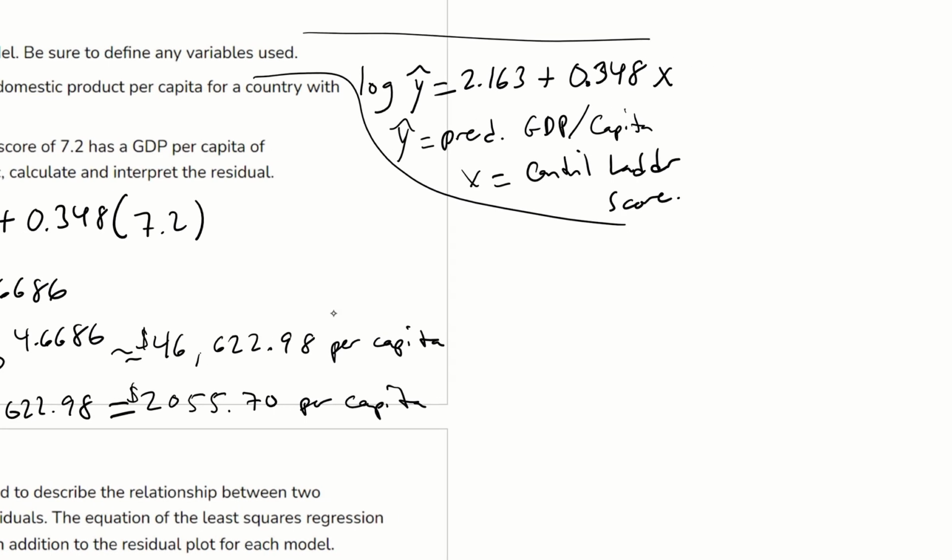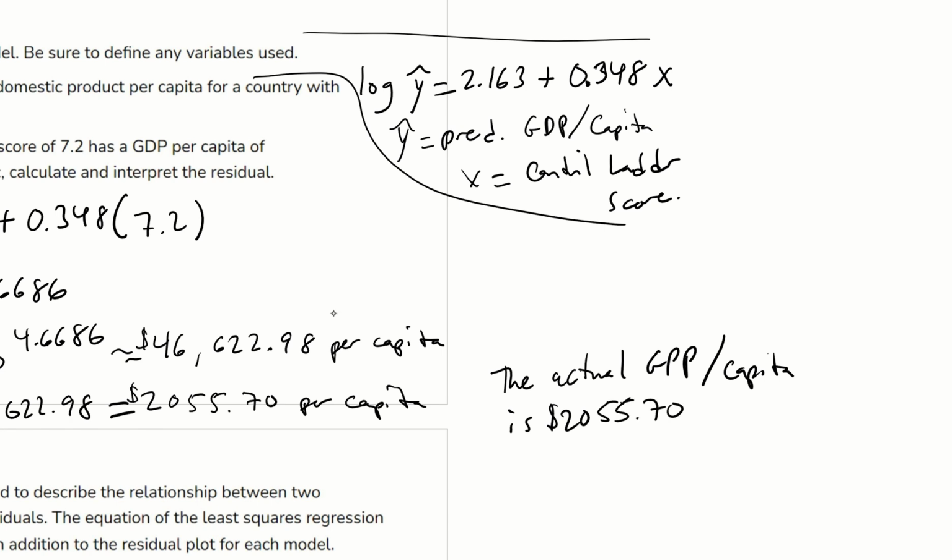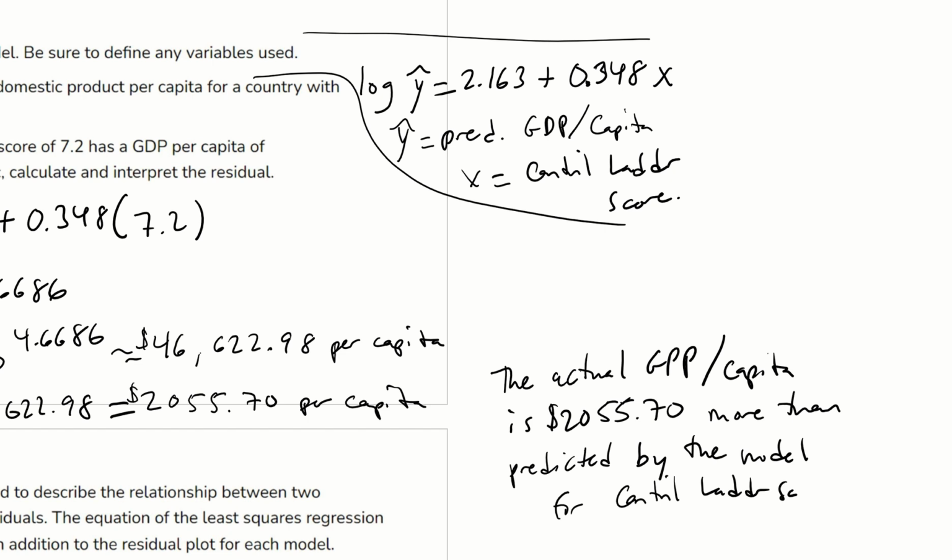So interpretation: the actual GDP per capita is $2,055.70 more than predicted by the model for Cantril score of 7.2.